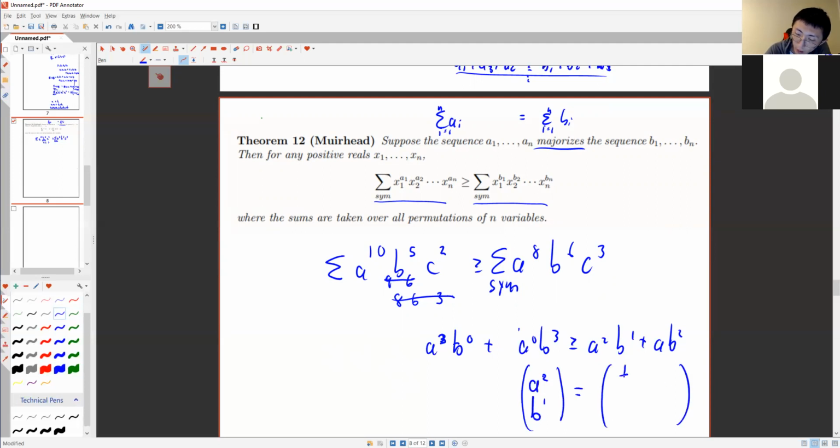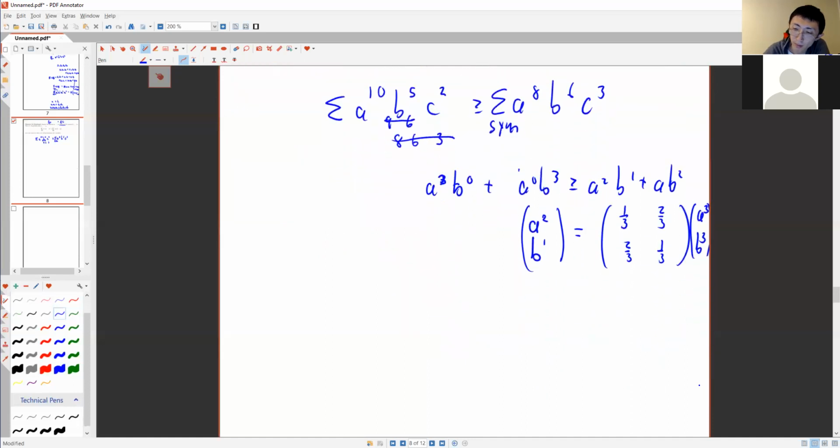So let's say 1/3, 2/3, 2/3, 1/3 times something like a cubed, b cubed. By doubly stochastic, it just means the sum of each column is 1 and the sum of each row is 1 in the square matrix right here.